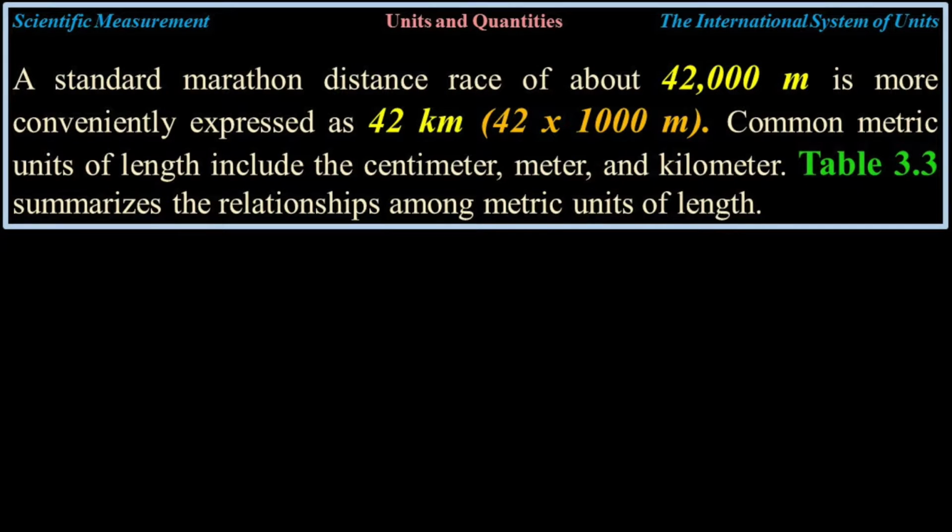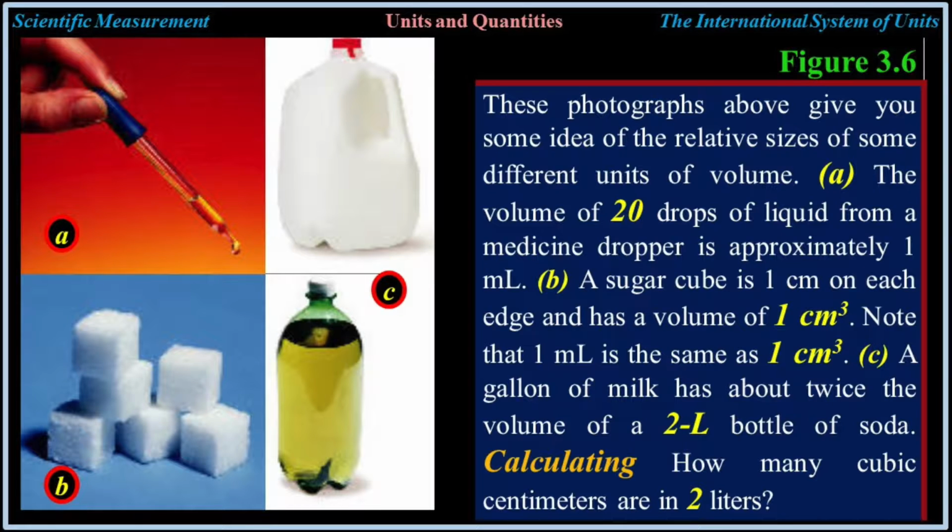A standard marathon distance race is about 42,000 meters, which is more conveniently expressed as 42 kilometers, or 42 times 1,000 meters. Common metric units of length include centimeter, meter, and kilometer. Table 3.3 summarizes the relationships among metric units of length.